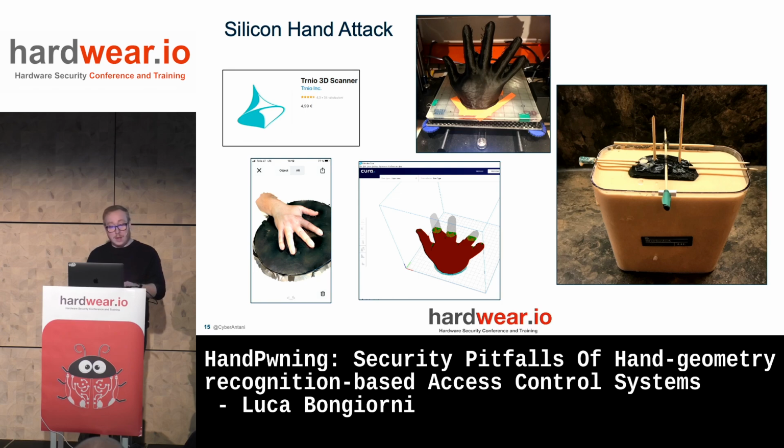Then I fed this mobile app with these photos and videos, and eventually it created a 3D version of my control hand. And then I fed it into a CAD designing tool, where I tried to clean up the imperfections as much as I could, and then printed it with a 3D printer in PLA.